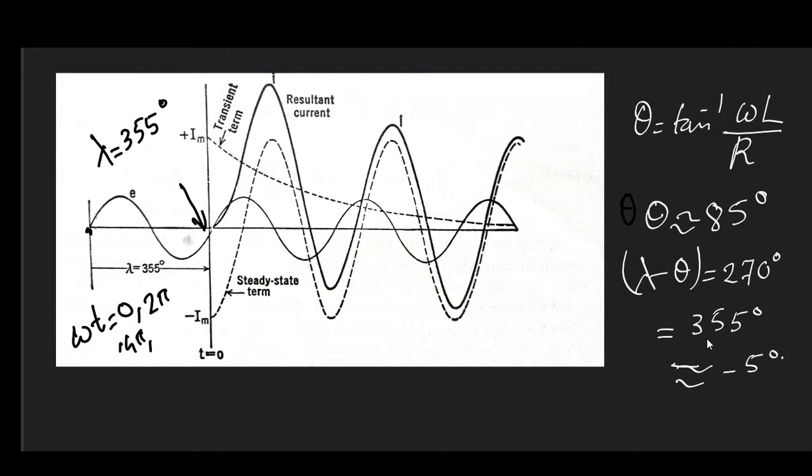Or else, if you approximately take omega t equal to 0 or any integral multiple of 2 pi, then your voltage is 0 and your current almost reaches its peak value. So if that is the case, what would happen? Your steady state current is about to reach its maximum peak value.